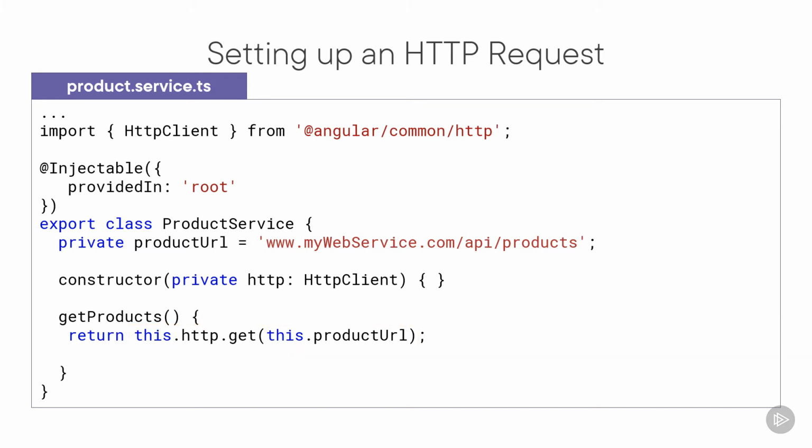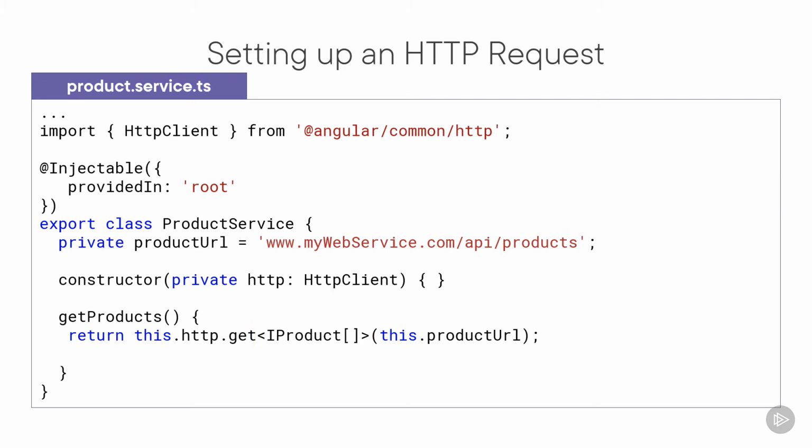We specify the expected type of response by setting the get method's generic parameter. Recall that a generic parameter allows us to define a type for the data this method works with. Since we are expecting an array of products, we set the generic parameter to IProduct[]. The get method then automatically maps the response returned from the backend server to the defined type, so we don't have to.